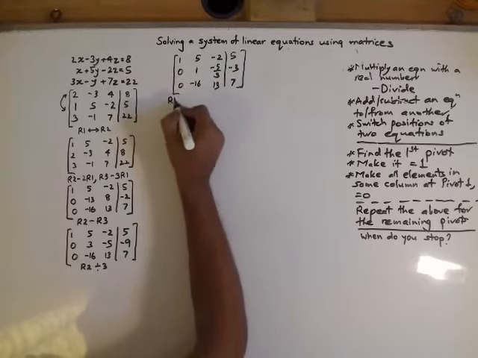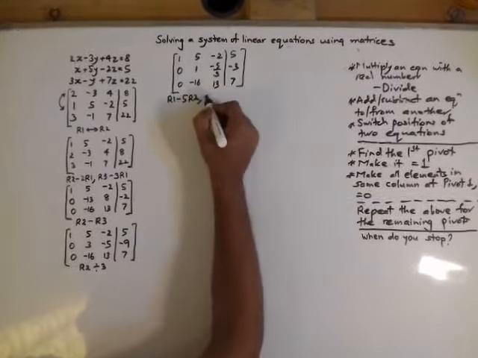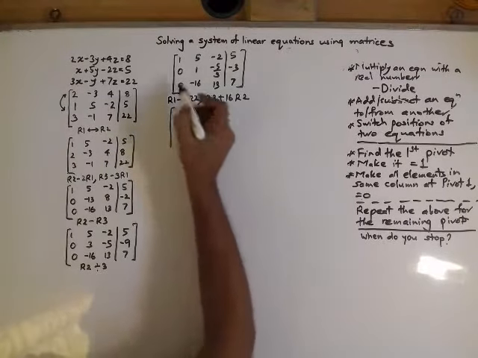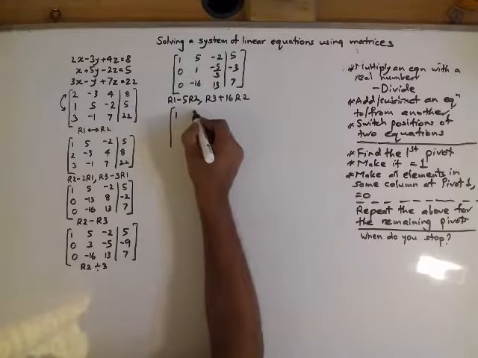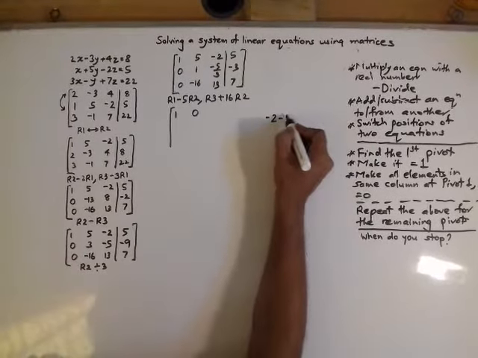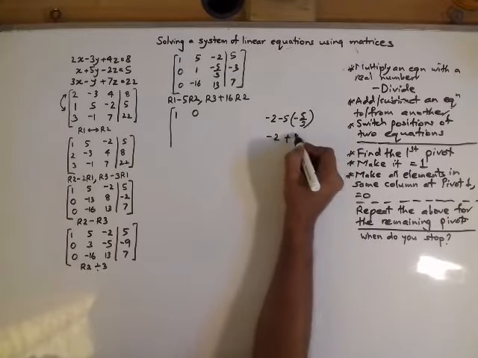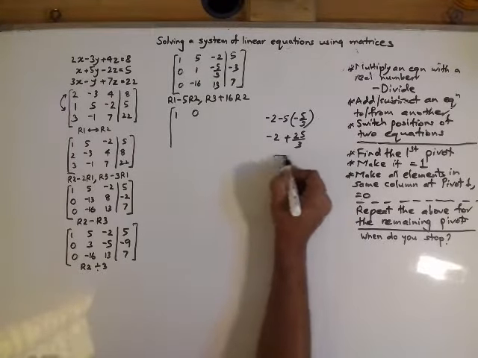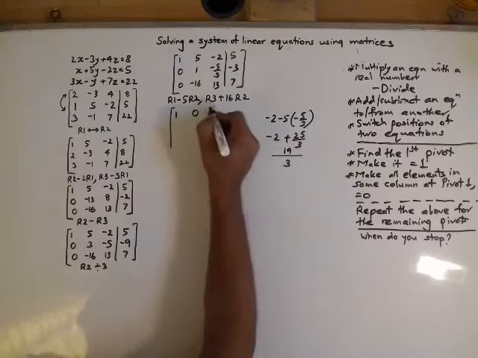So look what I do. R1 minus 5 of R2 and R3 plus 16 of R2. So R1 changes now. 1 remains as it is because we have a 0 here. Minus 5 R2 gives me 0, and here I have minus 2 minus 5 of minus 5 by 3, which is minus 2 plus 25 by 3, which really gives me 19 by 3.